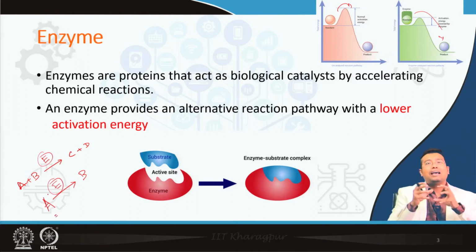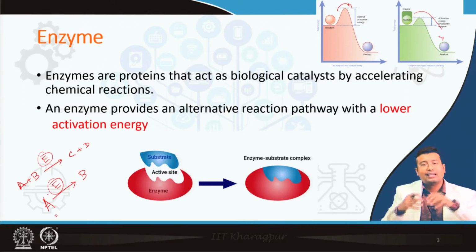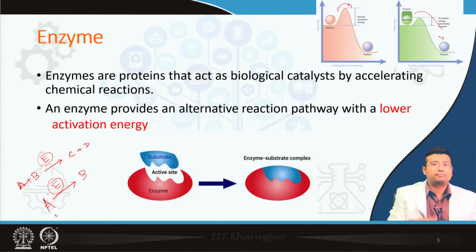The enzyme binds with the substrate to form an enzyme substrate complex, which then dissociates to form a product. There are multiple models of enzyme activity. Every enzyme has a substrate binding site known as the active site, which looks complementary to the structure of the substrate.